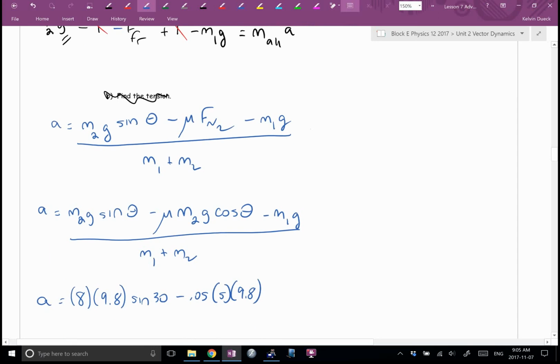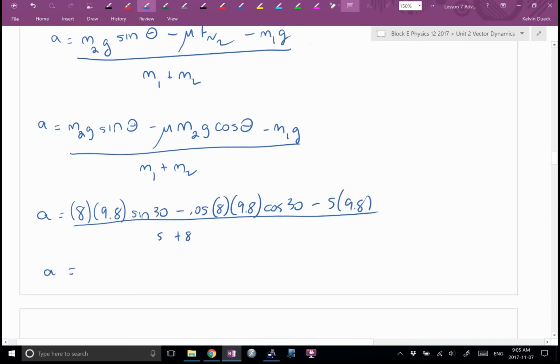No, sorry, what was mass 2, not mass 1. Good gosh. 8, 9.8 cos theta minus, now what was mass 1? 5 times 9.8, all over 5 plus 8.